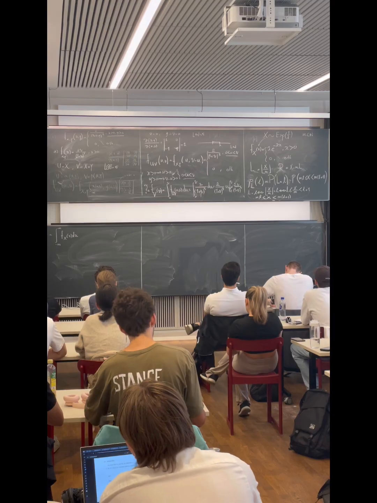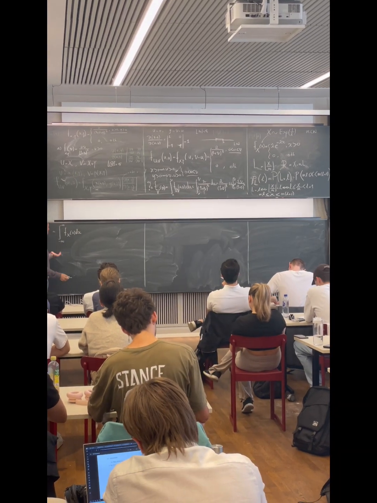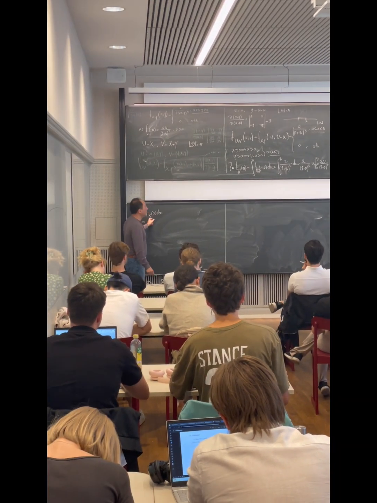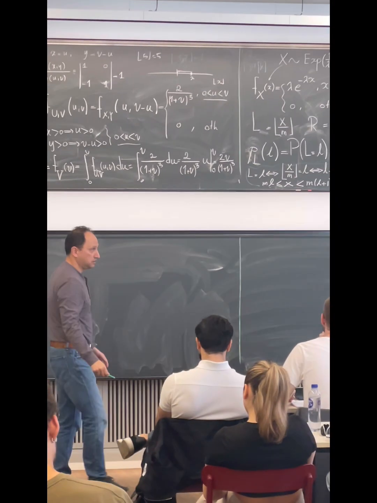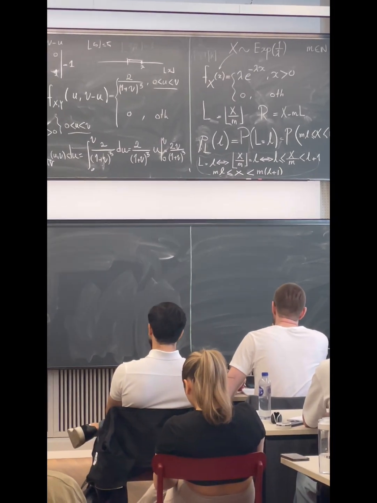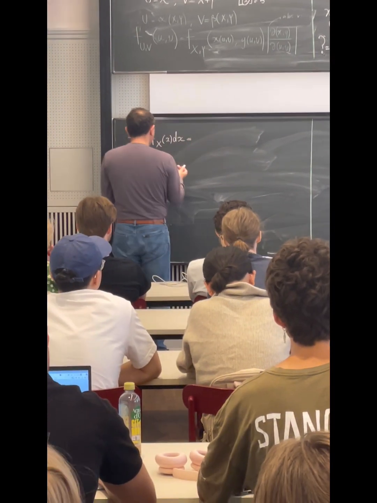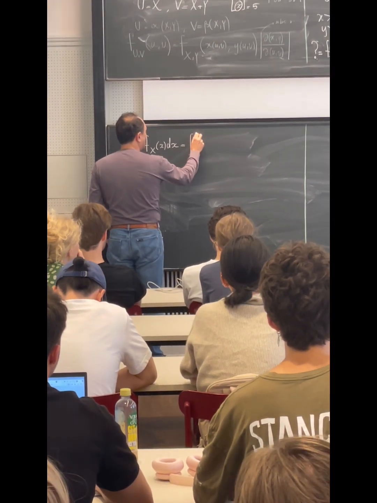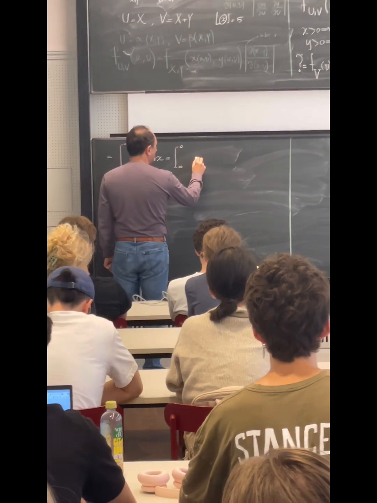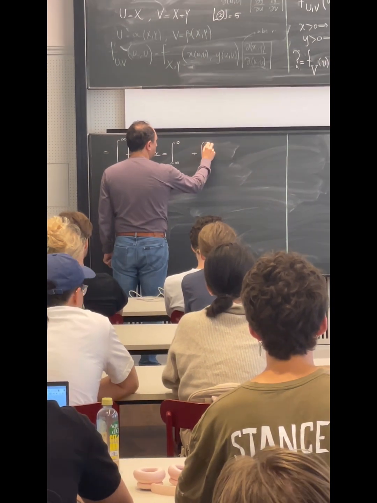But from minus infinity to infinity is not needed here, because this is vanishing. It is non-vanishing only if x is positive. So in principle, I have to write from minus infinity to 0 and then plus 0 to infinity.